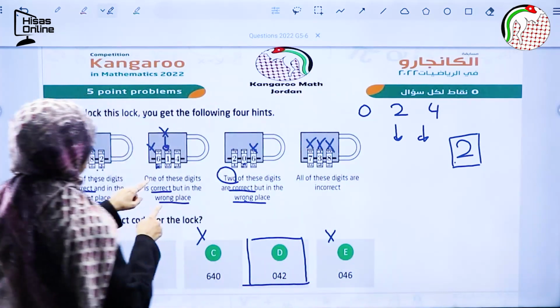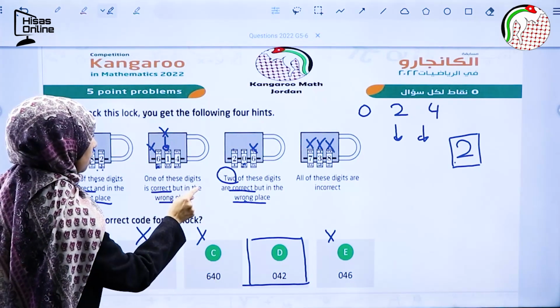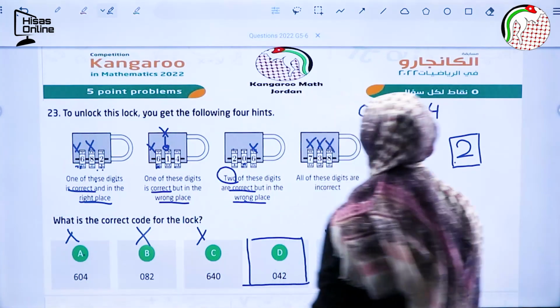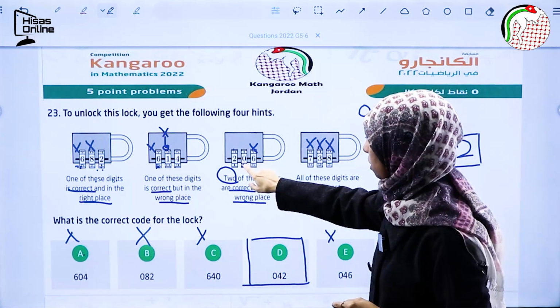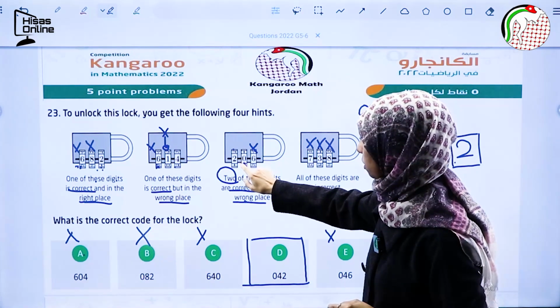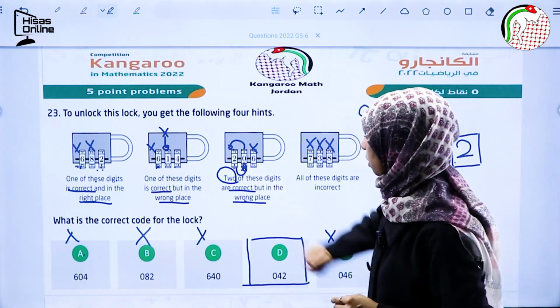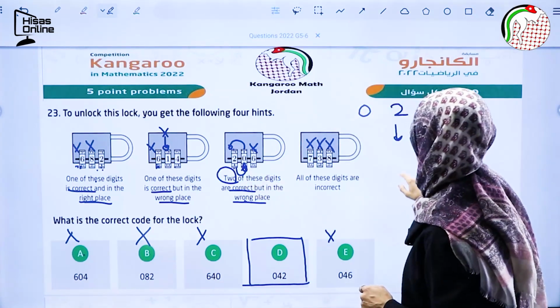Now let's see here, one of these digits is correct but in the wrong place. So here, since this one is not in the right place, here, correct, but we can switch their places.